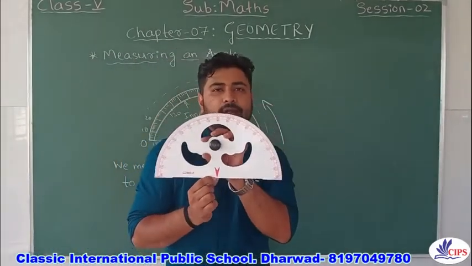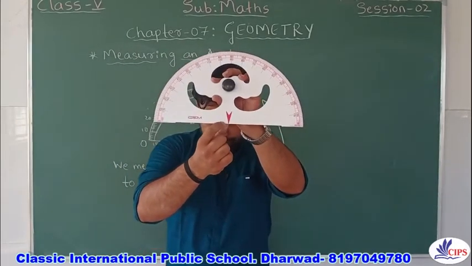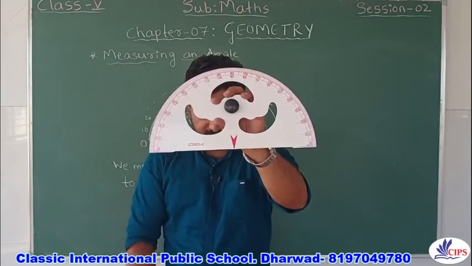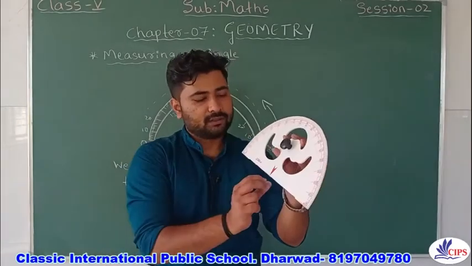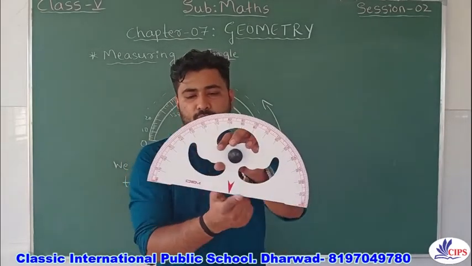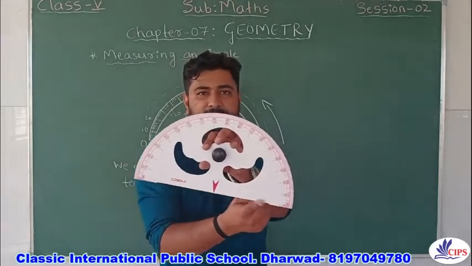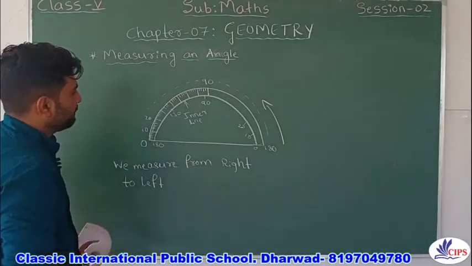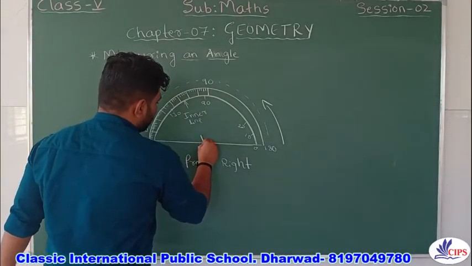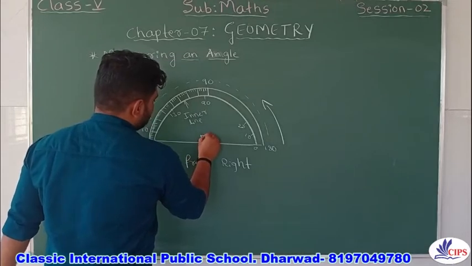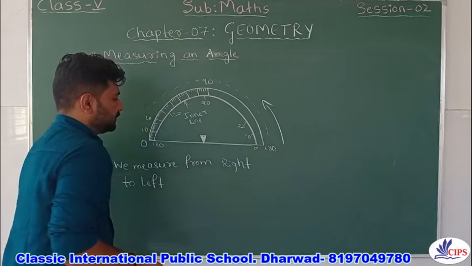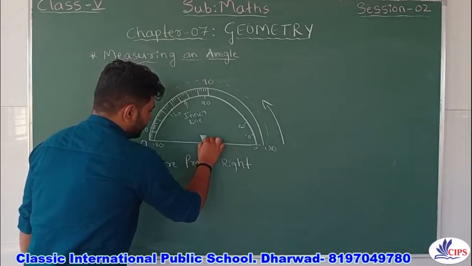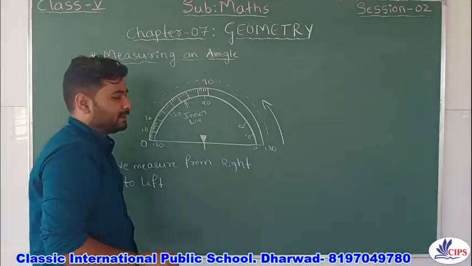Can you find this needle-like structure? Yes, this needle-like structure is called the center mark, and this entire line is called the baseline. Just remember, this is the center mark. In every protractor you will have this, or in some protractors, instead of this, they give a plus line. So this point indicates the center.